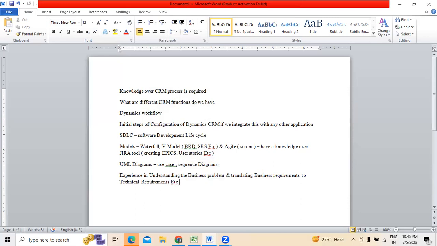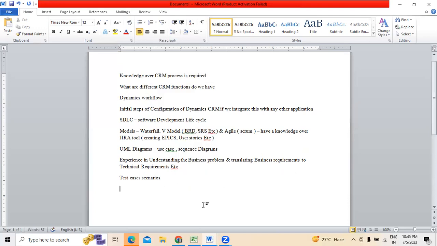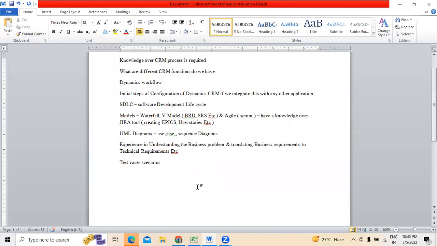Next, in addition to that, understanding the test cases and test scenarios, because these are all the common points. Whatever I'm mentioning to you, these are all the common points of being a BA. This is irrespective of technology, irrespective of the domain. So these points like SDLC were common, right?